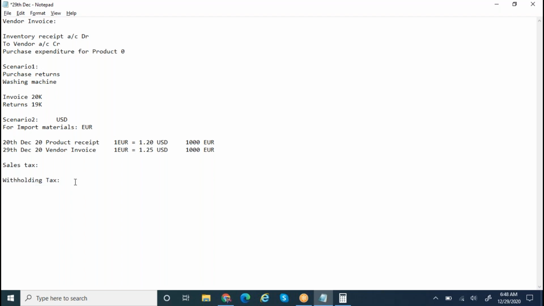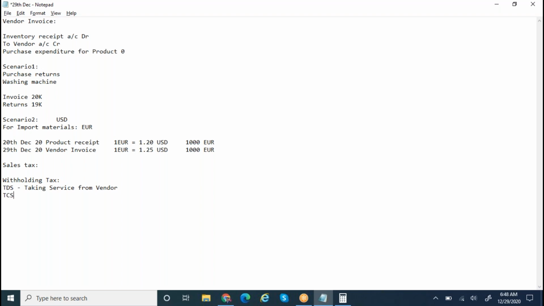This withholding tax is also called TDS or TCS. What is this TDS and TCS? TDS comes into the picture if you are taking a service from a vendor.